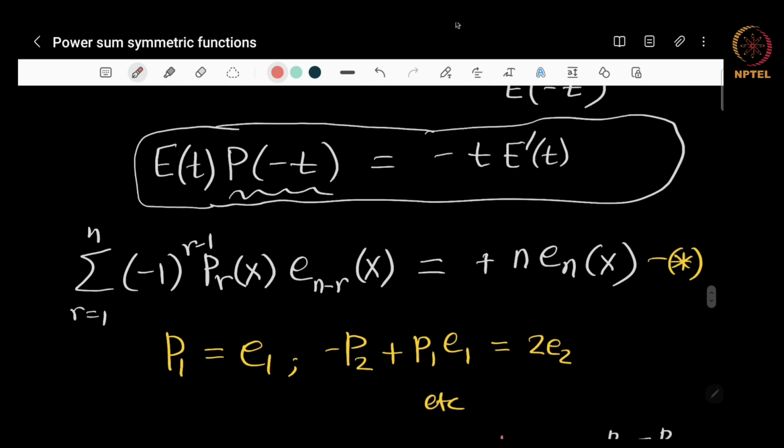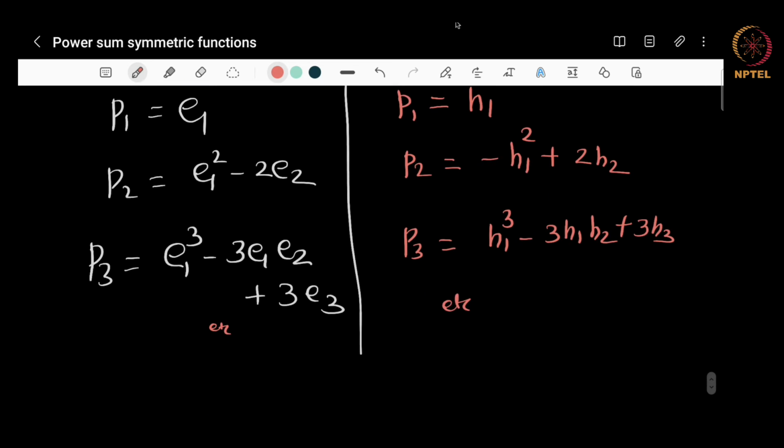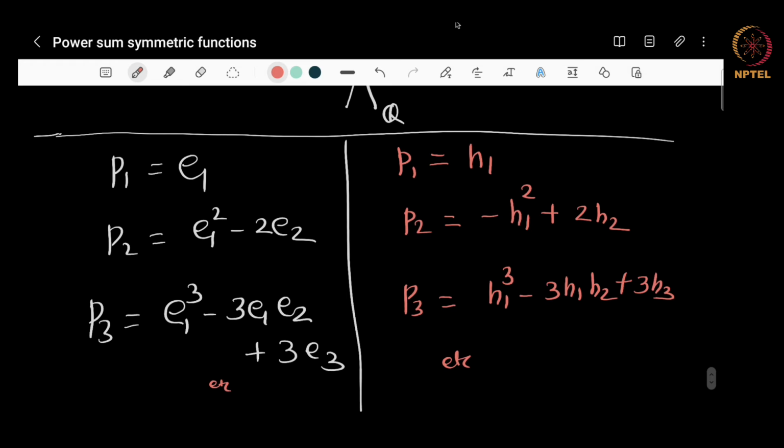In the case of the E's, the equation is again E_{n-r} in place of H_{n-r}, n E_n in place of n H_n, but what I have here is (-1)^(r-1) P_r. So the only difference between that earlier equation and this one is that P_r is replaced by (-1)^(r-1) P_r. That's really the only change, and that's exactly what happens when you look at these two equations side by side.